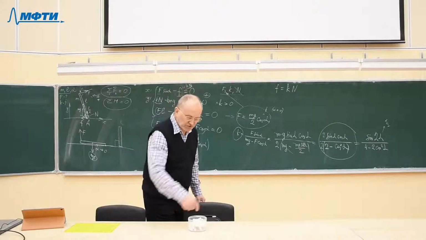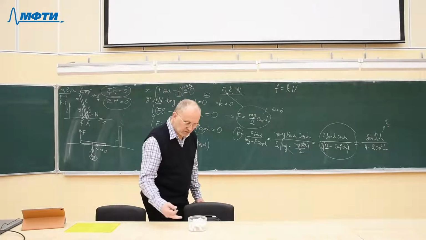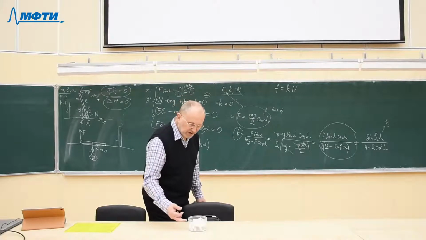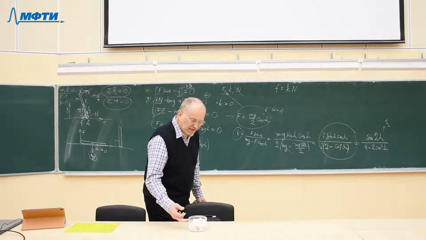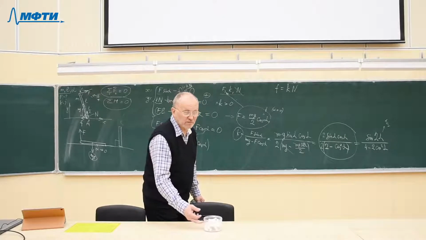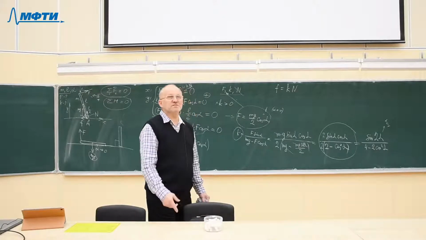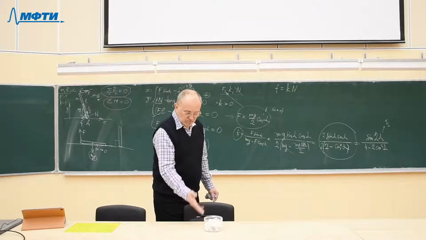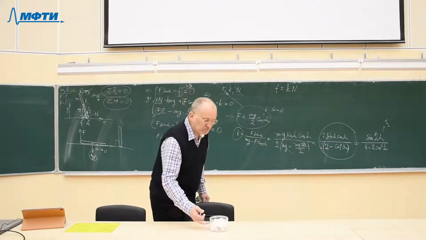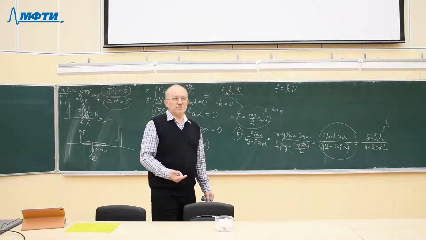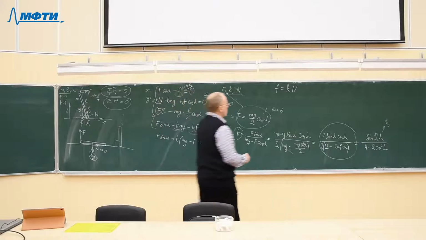These two forces will be balanced. But if I apply a larger force, then it will move. So the force of friction in this simple experiment varies from 0 to some maximum value.